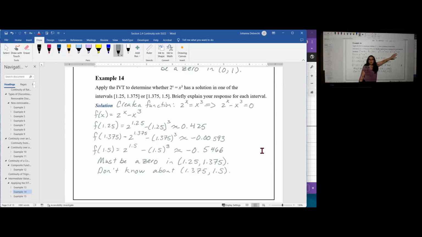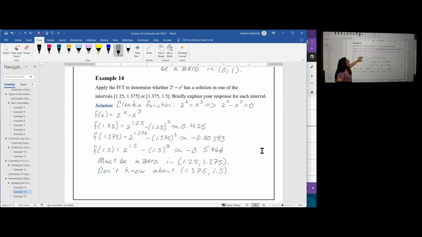I created 2 to the x minus x cubed. You might use x cubed minus 2 to the x. Both will work and give the same result. When I look at this, I then substitute the endpoints of my closed intervals into my defined function and work out the values.